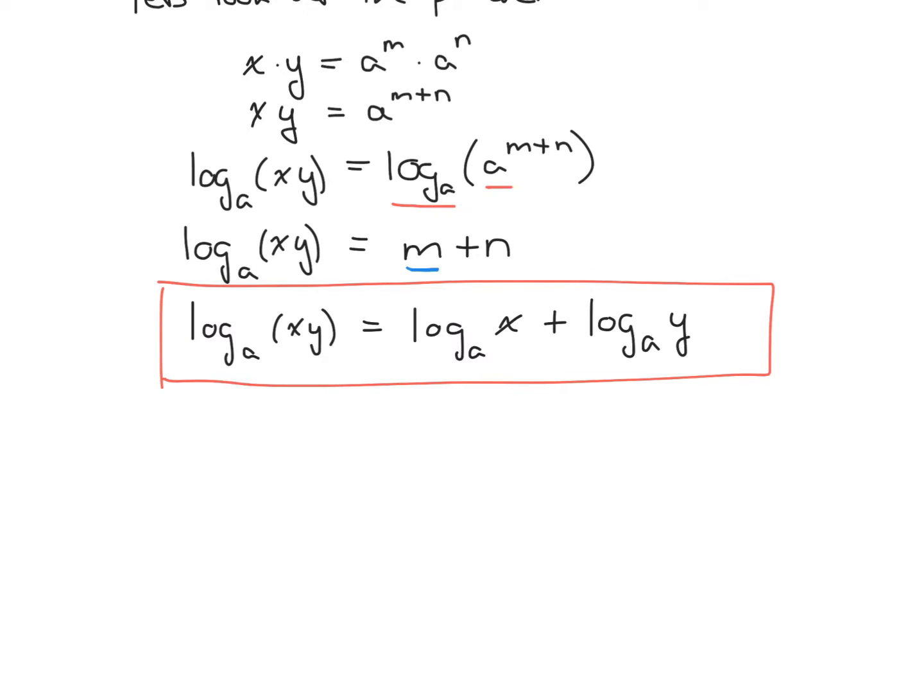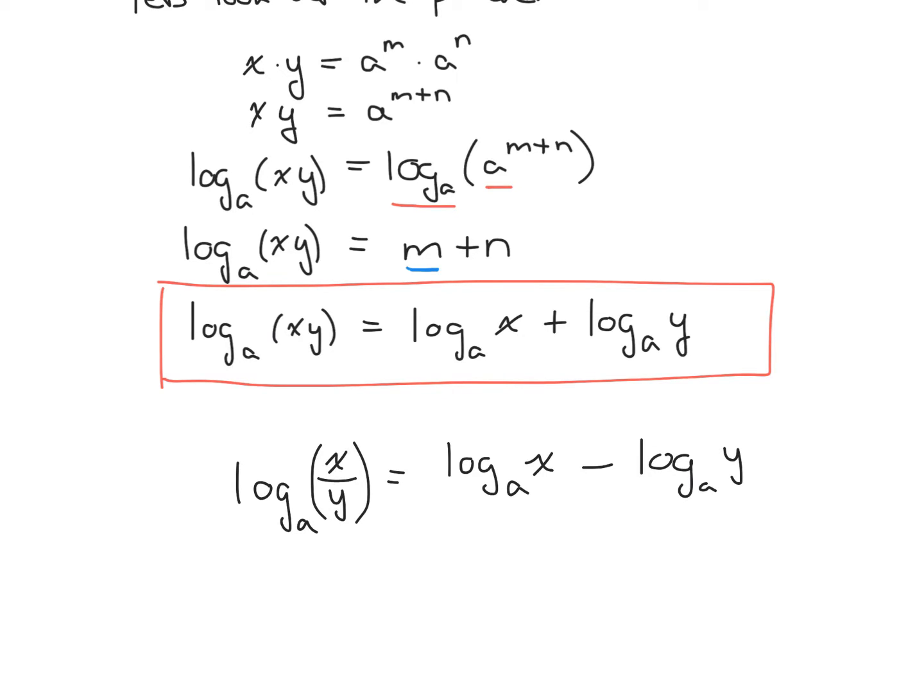If we go through a similar process, the logarithm of x divided by y, base a, a logarithm of a quotient, will be the logarithm of x base a minus the logarithm of y base a.